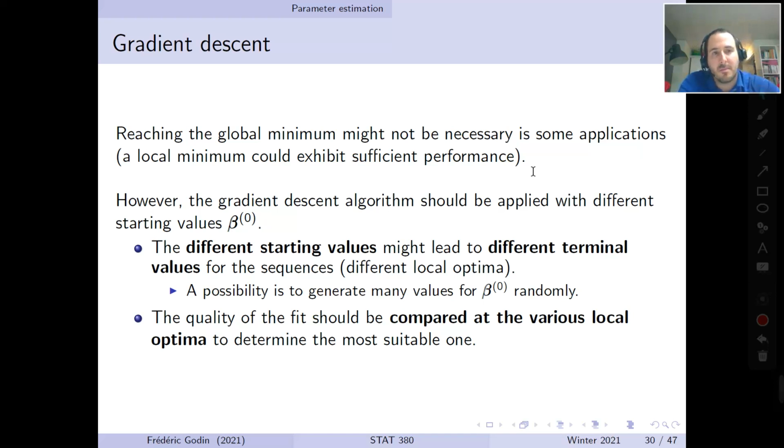So you can think of the best local optimum across all these, so as to get results that are as good as possible. Okay, so when you train a neural network, you don't necessarily use a single starting value. You might try to train it with numerous starting values in practice. So this is one possibility if you want to improve your fit.